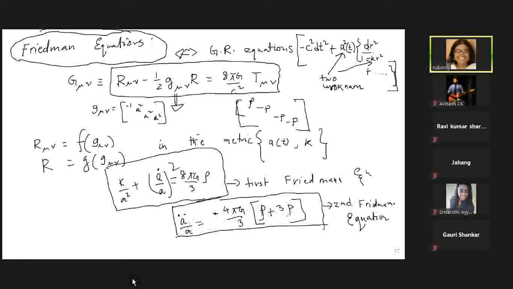But pressure also defines how your geometry will change, how A dot will change, meaning whether A double dot will be non-zero or zero. So all these quantities, A double dot, A, K, are part of gravity. It means if you know them, then you know the space-time dynamics.